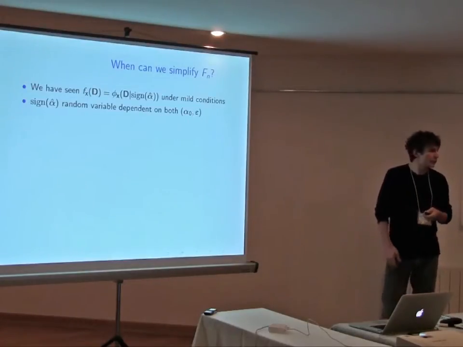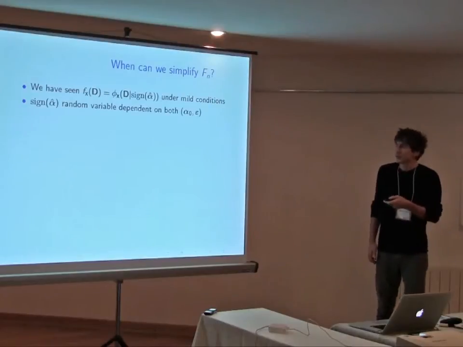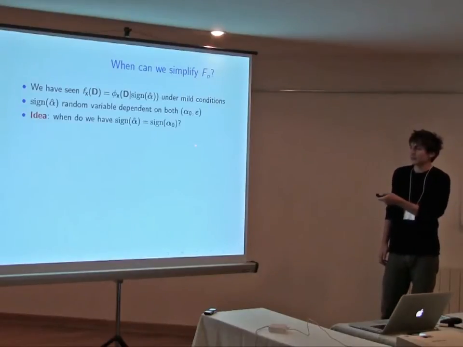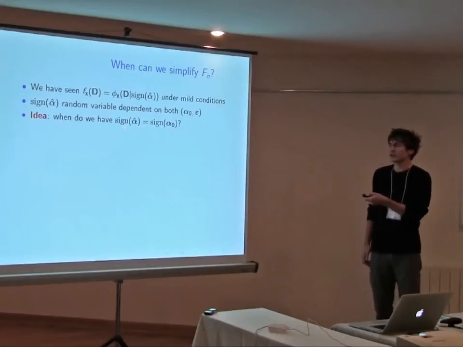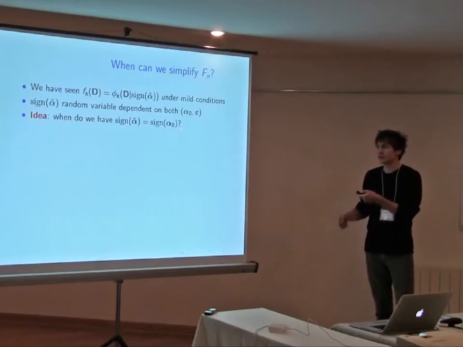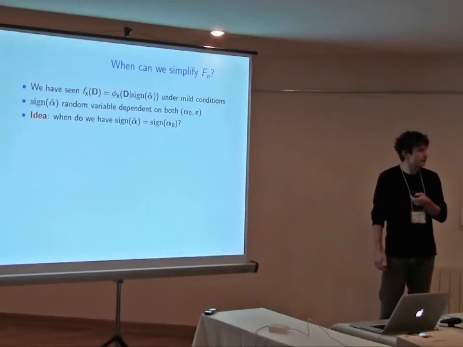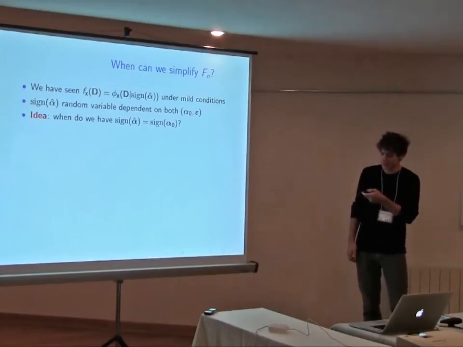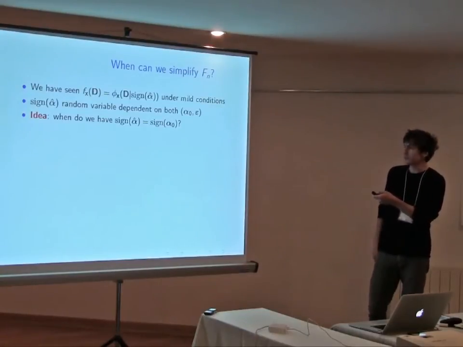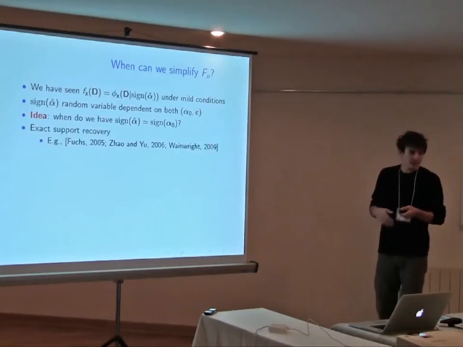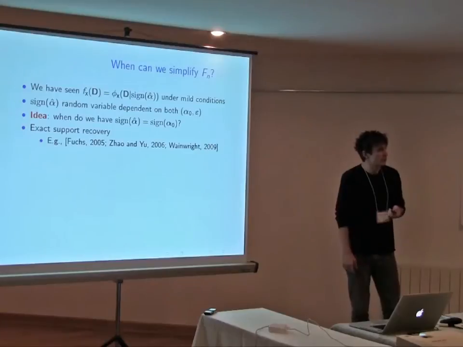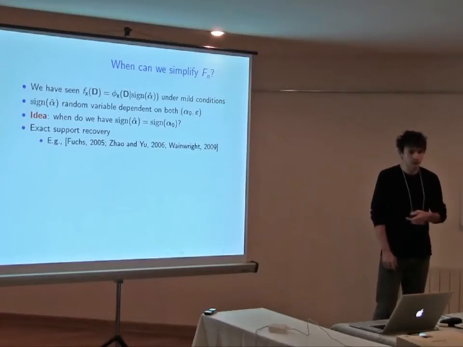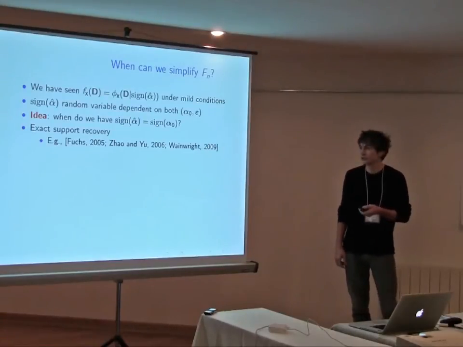So a natural question that arises is when can we simplify this, the sign of this solution, by asking it to be equal to the sign of the true generating coefficients, which would mean that we would get rid of the dependency with respect to the noise here. And so this question actually exactly corresponds to exact support recovery, which has been the topic of regular research for L1 regularized least squares problems.